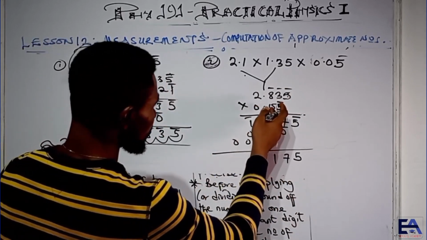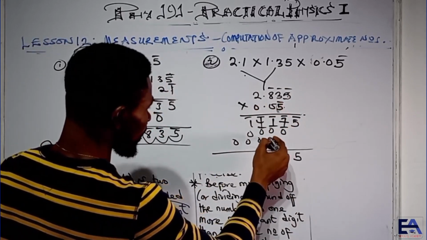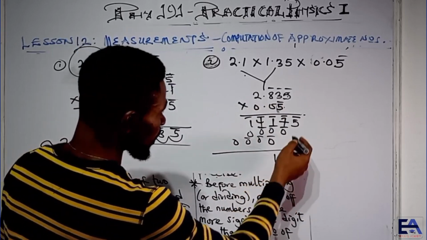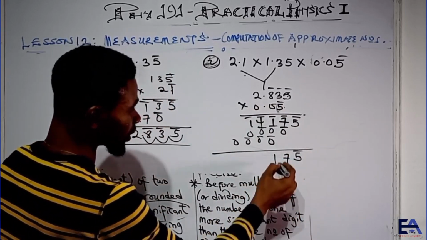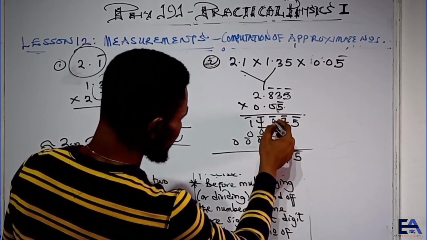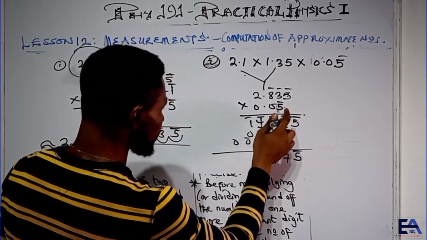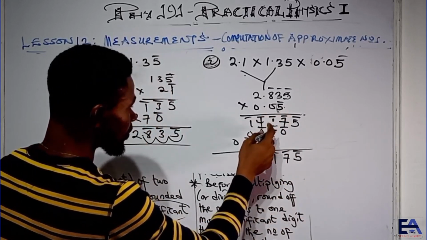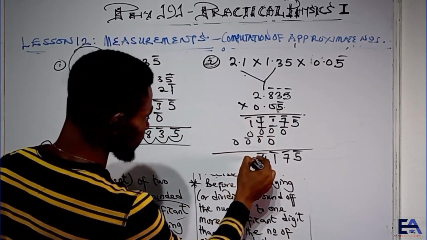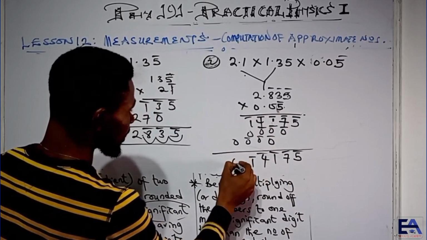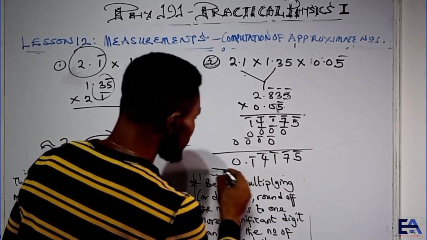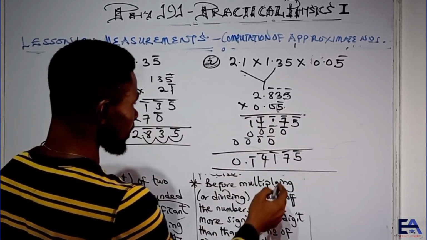So the next 0, 2, we have 3 uncertain. The fourth one will not have. All right, so now let's see. 5 uncertain, 7 uncertain. Uncertain 1 is 0. Uncertain 4 uncertain. All right, 1 uncertain. And then we have 0, no uncertainty. At the end of the day, this is our final answer.